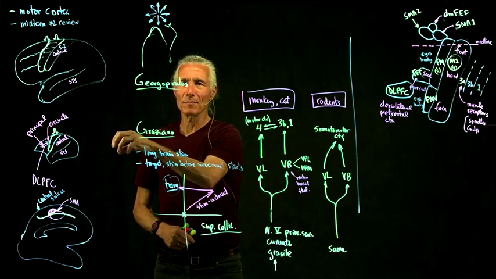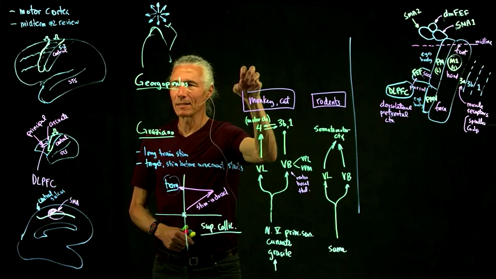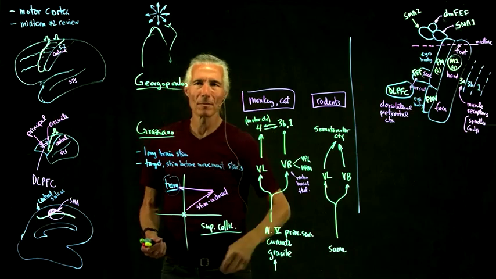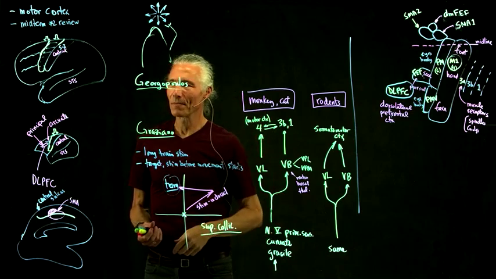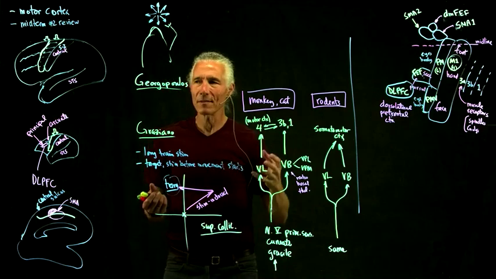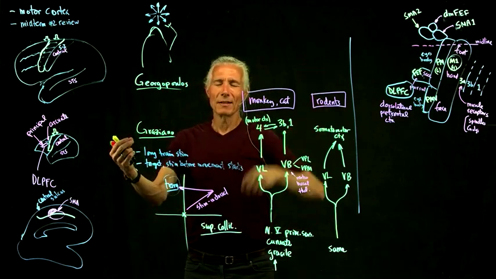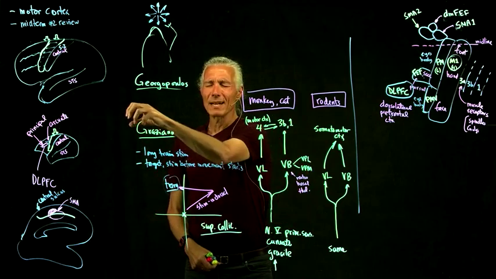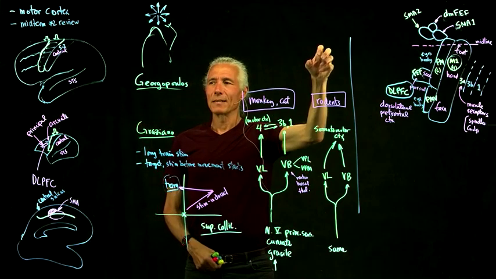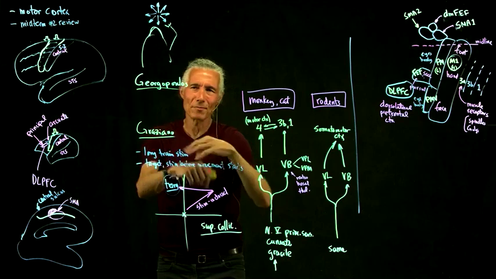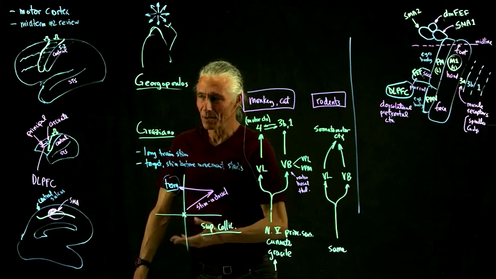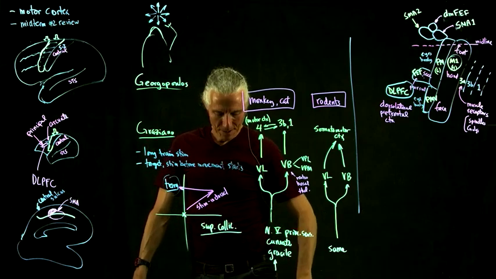We sometimes grab this and then we grab this. So you've got the same kind of problem of updating where your limbs are. Or you can do this in the dark. If two little sounds appear in the dark, you could make a movement to this one and then make a movement to that one. So you're going to have to do all this remapping in the motor system as well.